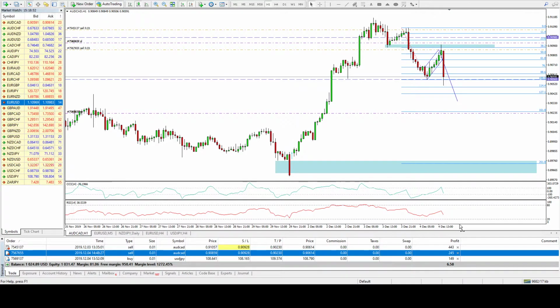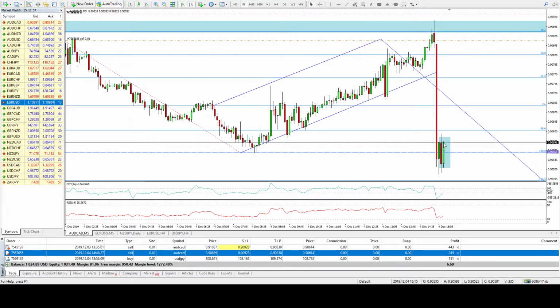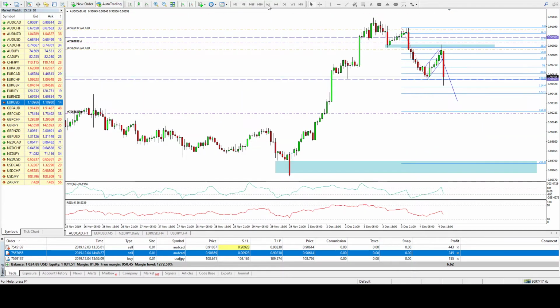RSI is also aiming down, but again, buyers are coming in, and this one looked like it's taking over, sandwiching this red bar right here. Let's see what happens.